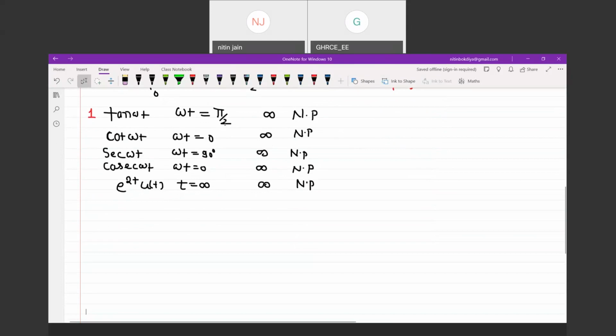Now let's move to the next condition for existence of Fourier transform. What this condition says is that x(t) should have a finite number of minima and maxima.